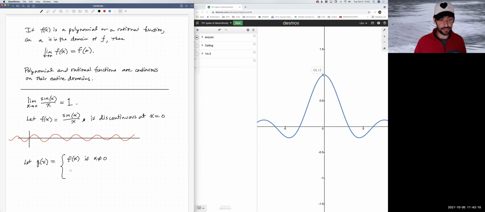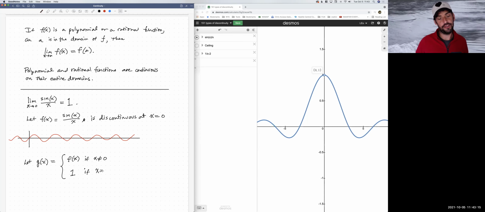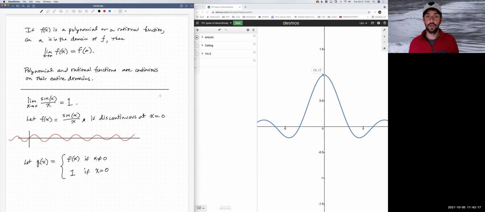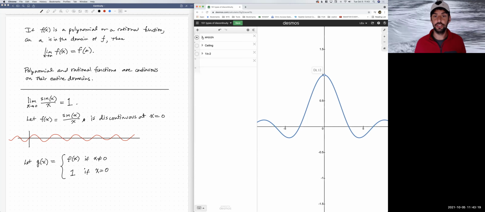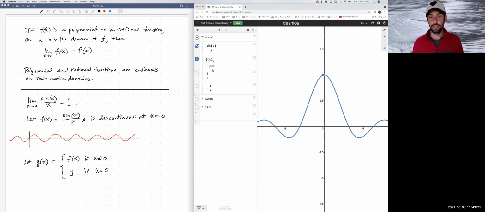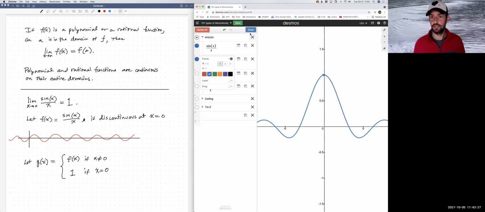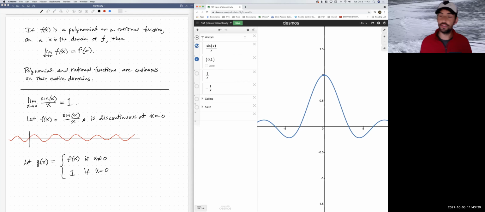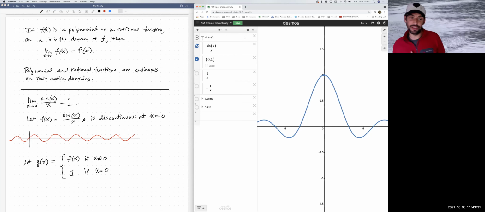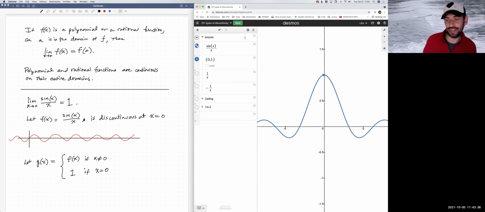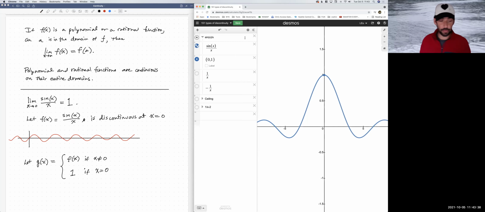And then we'll let g of x equal 1 if x is equal to 0. What have we done to this function? We've plugged in that hole, because now, even though the sine of x over x can't handle that part, we've told our function, when you put in 0, when that f of x fails, just spit out the value 1.